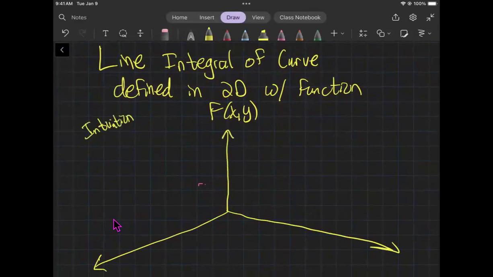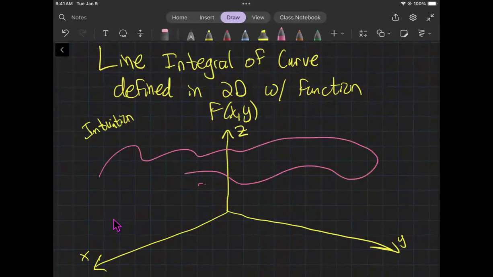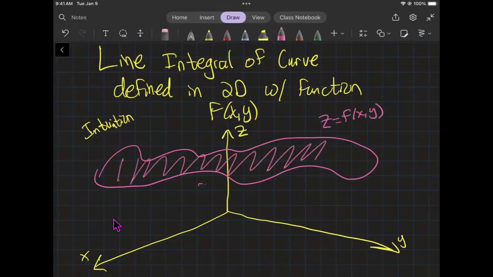If I look at a curve in 3-space, so I'm talking about the real numbers in this case, suppose I have a surface that is defined by the function z equals f of x y. This is a region created by taking points in the xy plane and plugging them into the function.